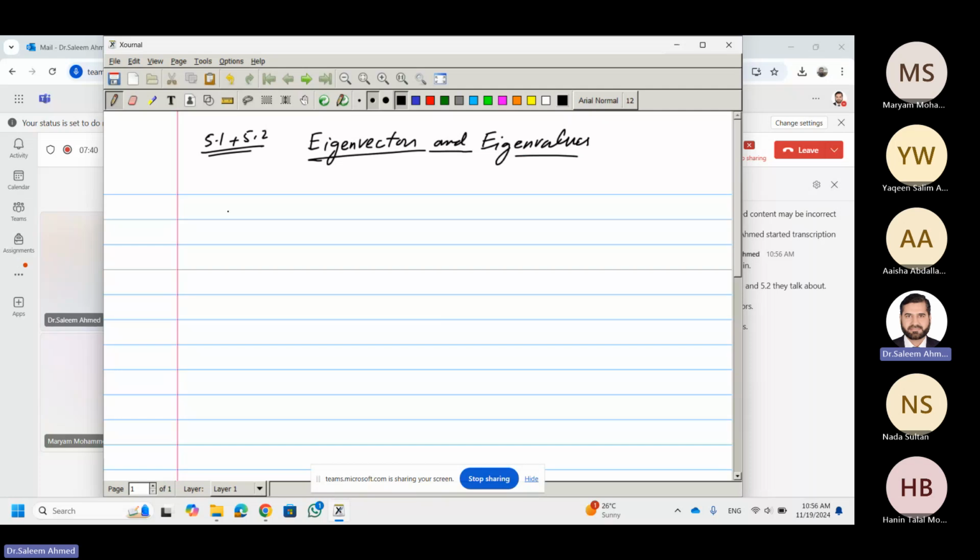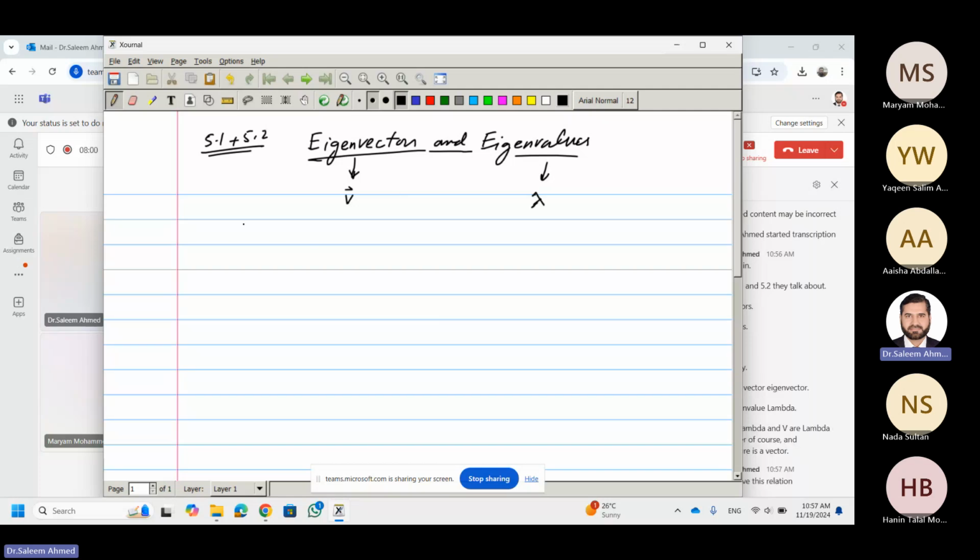So basically, we have an eigenvector v and an eigenvalue lambda, right? Lambda is a number, of course, and the eigenvector is a vector. So they have this relation.